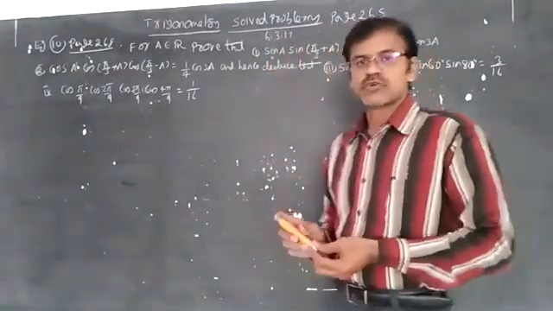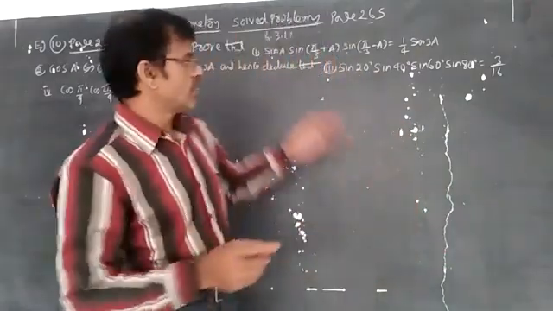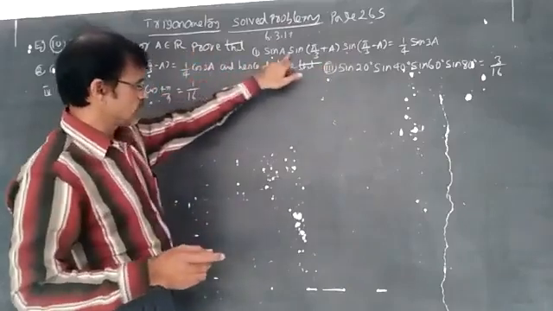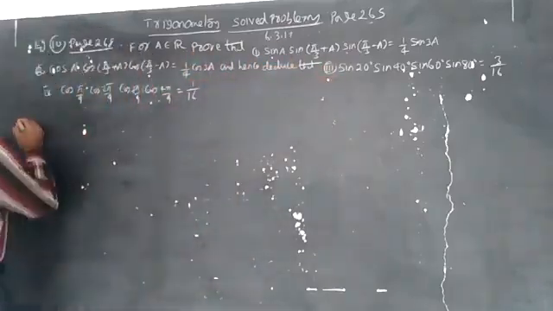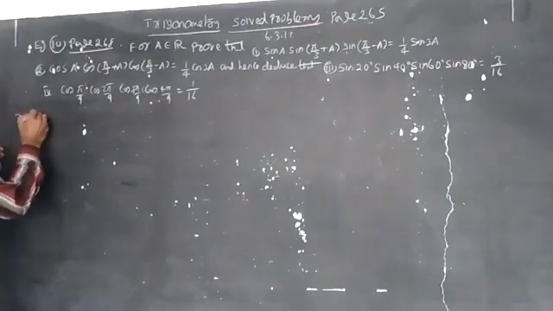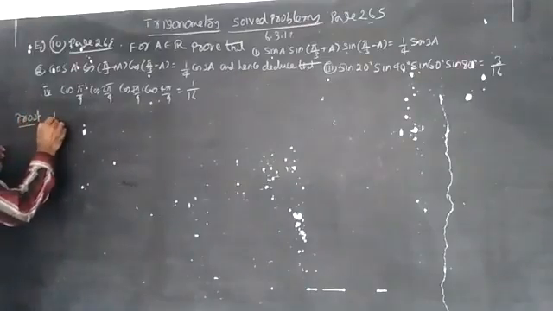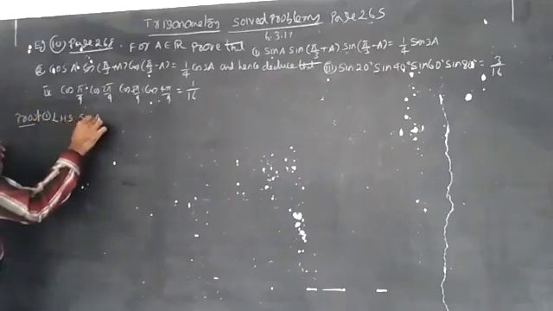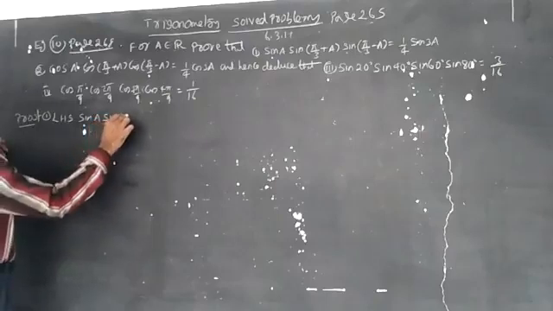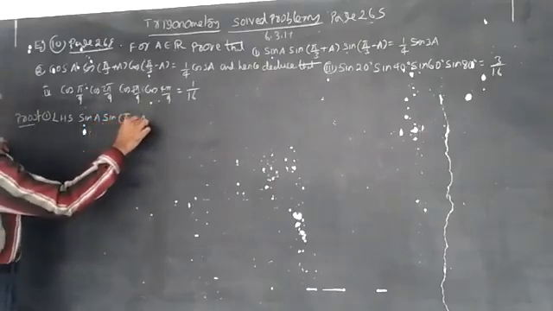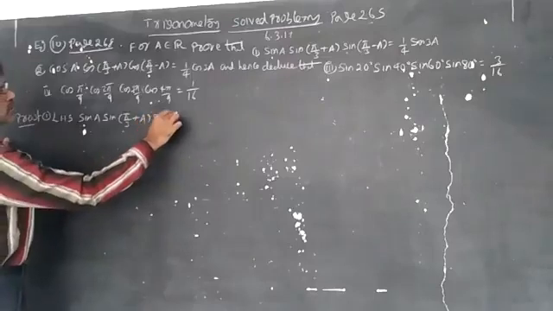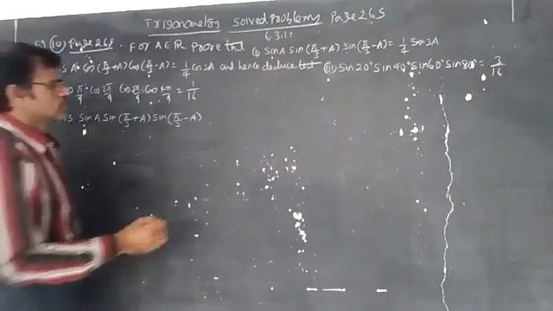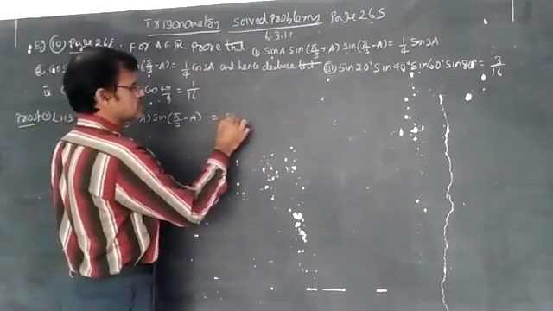Now let us discuss the proofs. Depending upon the proof of the first theorem, we can do the third one. So this application, first theorem, this application is this one and this application is this one. Proof: taking LHS, first question, sin A into sin of pi by 3 plus A into sin of pi by 3 minus A. Pi by 3 means 60 degrees.